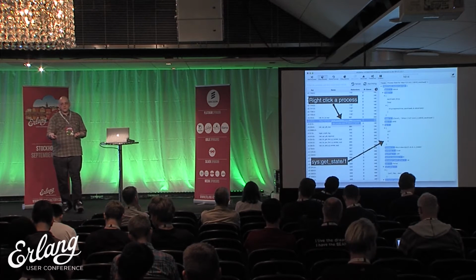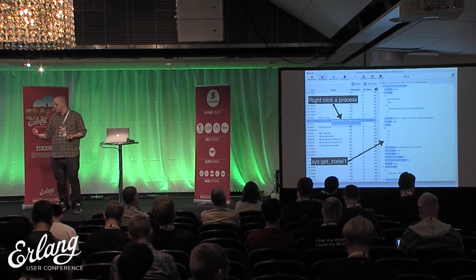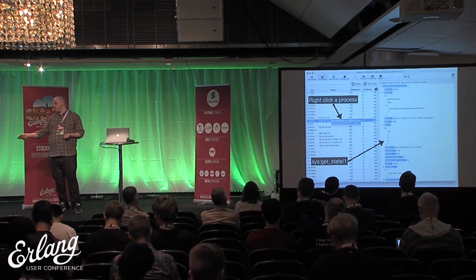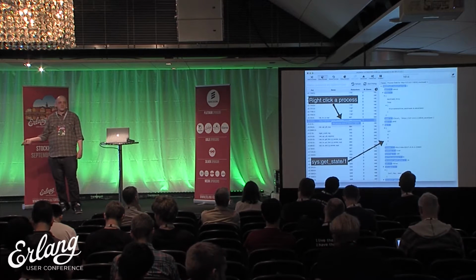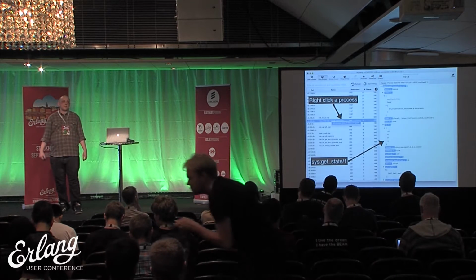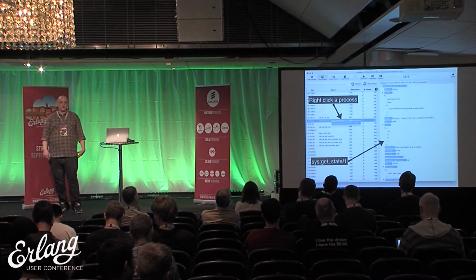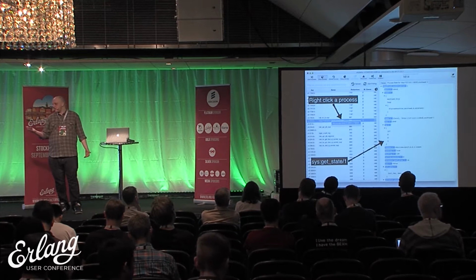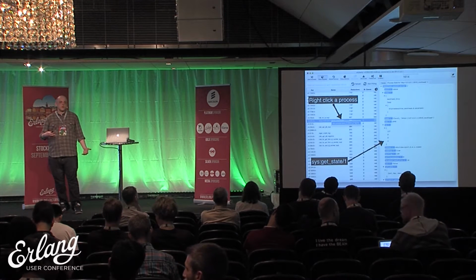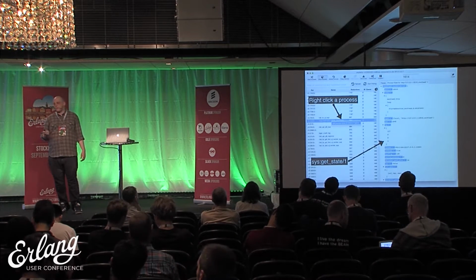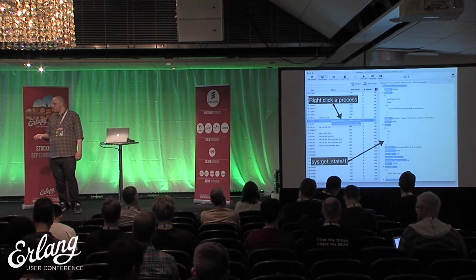You don't have to count through the tuple elements. It does have the same restrictions as sys:get_state, so it has to be an OTP compliant process. You can't do it on a raw process. The reason for that is that it has to support the sys:get_state message, or it won't understand the message it receives.